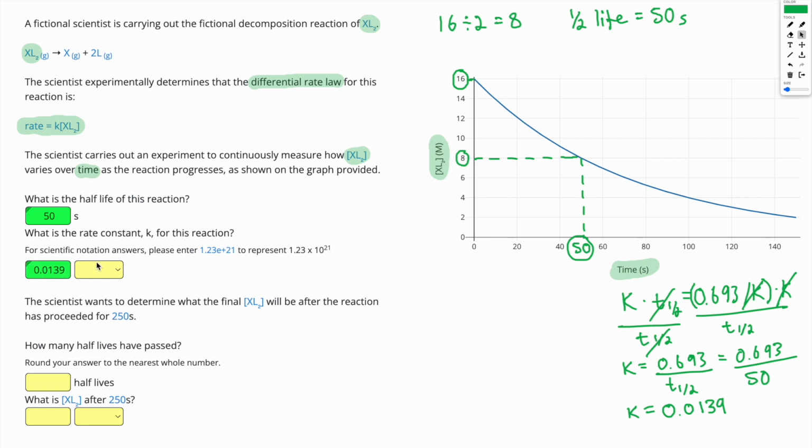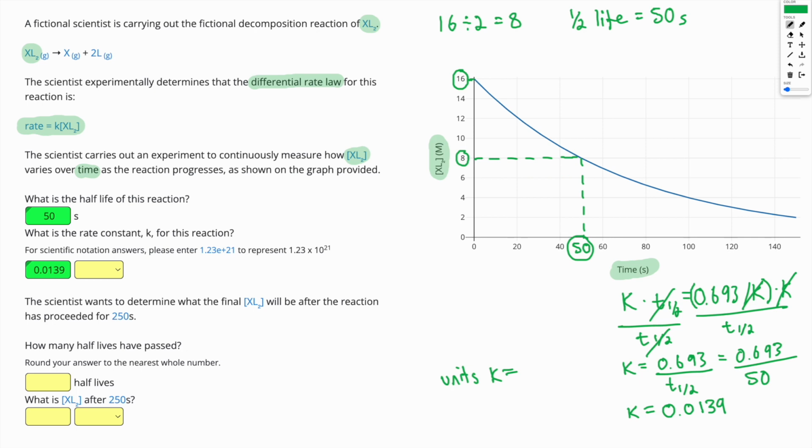And our units for the rate constant, again, it's going to be different each time based on the order. However, all these questions are about first order reactions. So these questions in this skill will all have the same unit for rate constant. You can either find it by looking at the rate equation, or we can find it by looking at the equation we just used. So we used an equation, K equals 0.693 divided by T half. 0.693 is just a number.